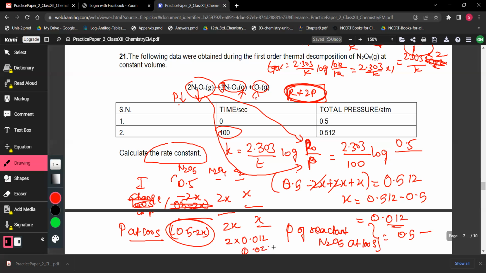So it is what? 0.024. So 0.5 minus 0.024. When you subtract, what will you get? 6. 9 minus 2 is 7. 4. Am I correct? Remaining is 0.476.